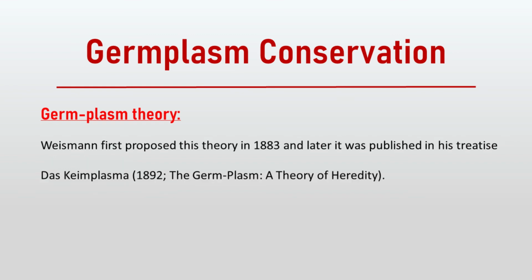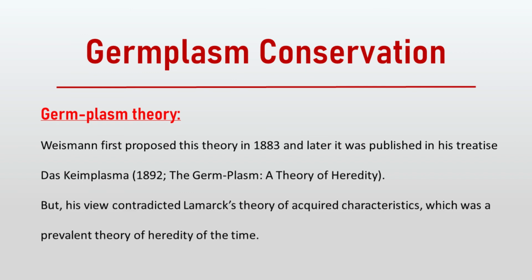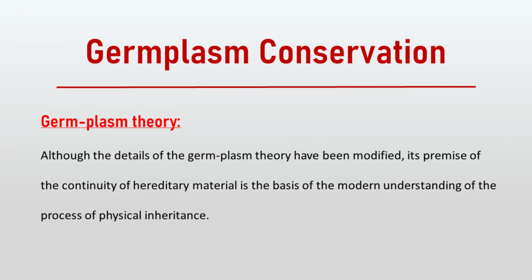Weismann first proposed this theory in 1883, and later it was published in his treatise Das Keimplasma. But his view contradicted Lamarck's theory of acquired characteristics, which was a prevalent theory of heredity of the time. Although the details of the germplasm theory have been modified, its premise of the continuity of hereditary material is the basis of the modern understanding of the process of physical inheritance.